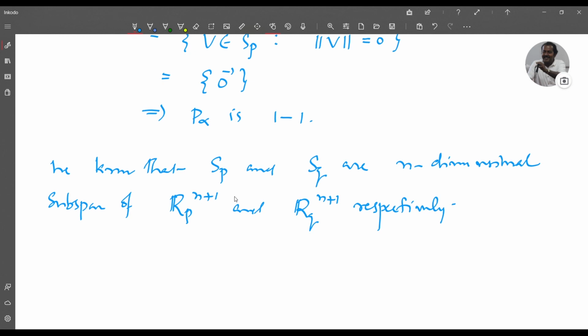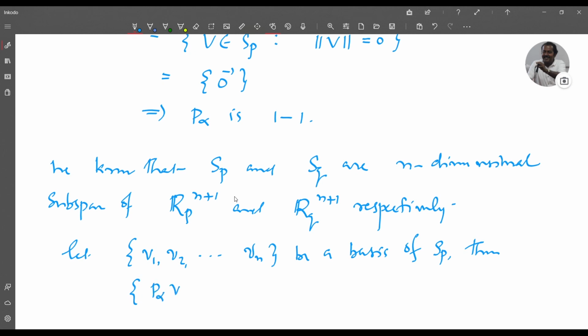And let v1, v2, etc., vn be a basis for SP. Then by the property of P alpha, P alpha v1, P alpha v2, etc., P alpha vn is a basis for SQ.